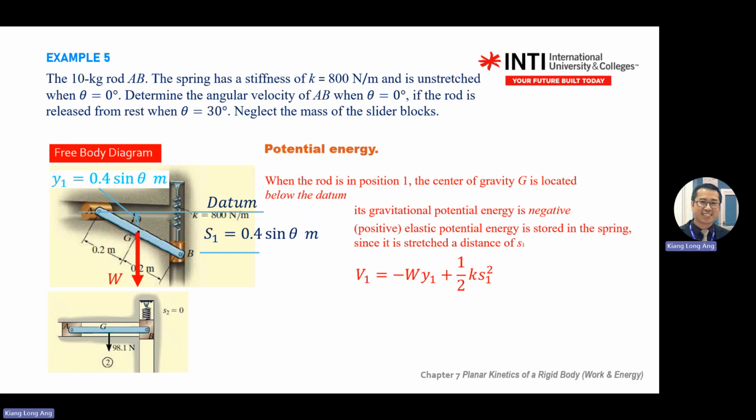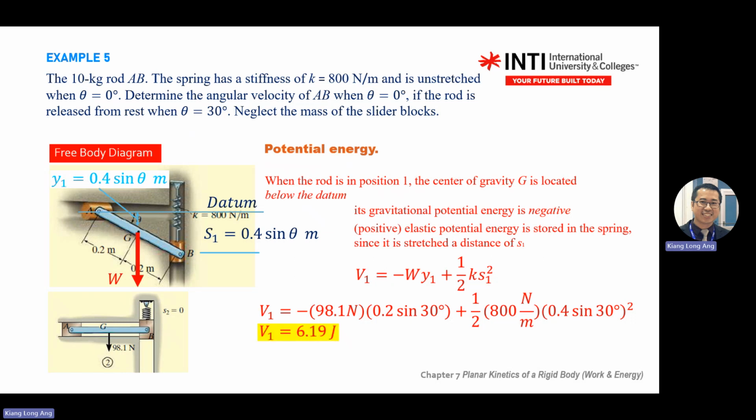So negative mgh or W Y1, plus the spring already charged up so much. So the potential of the spring is half kx squared. S is this one. Okay, so you substitute all the values. We give you how much is stretched at 30 degrees. So just substitute that. Find one potential energy.